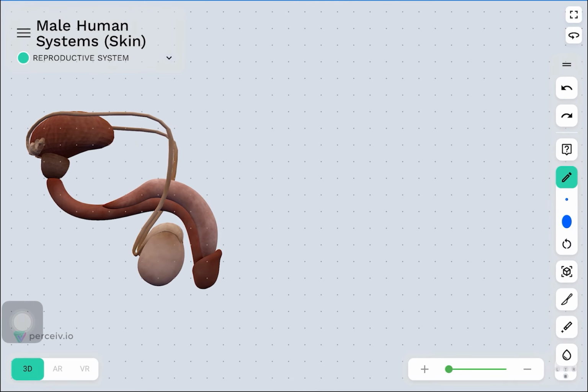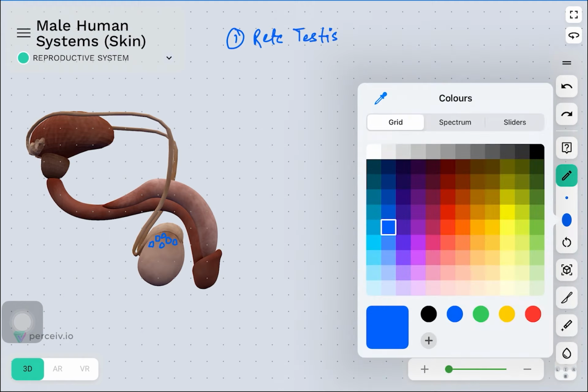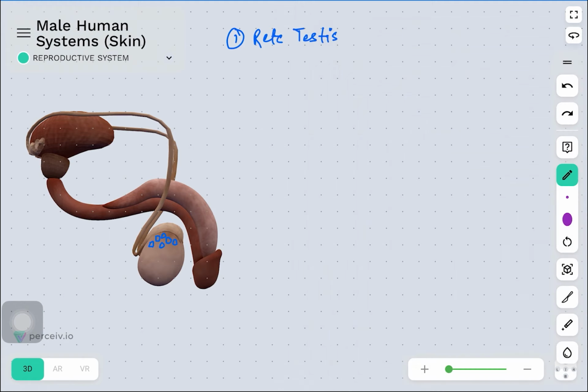So if we talk about rete testis, so the first one is the rete testis. And rete testis is present somewhat over here, like this. These are present over here. And inside it, we know that inside the testis are present the various seminiferous tubules.